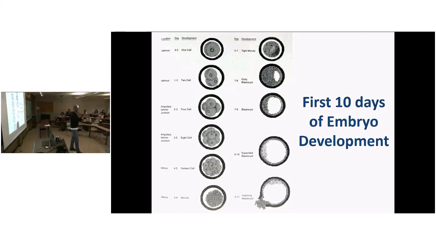But within that expansion, maybe in your slides you're going to have a certain number of cells where one side of this hole is a little thicker. What basically happens then is the following. This is the point during the blastocyst stage where you have the first differentiation of cells.